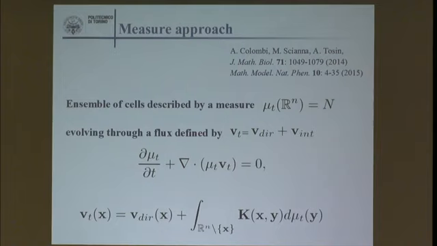This takes the form of an integral with a kernel, an adhesion kernel. So in some sense the cell senses the environment with a sensing radius. This is not very different from what, for instance, Jonathan Sherratt and Kevin Painter have been doing, also Hart, I guess you will talk about that.